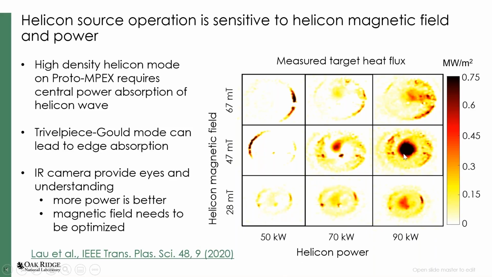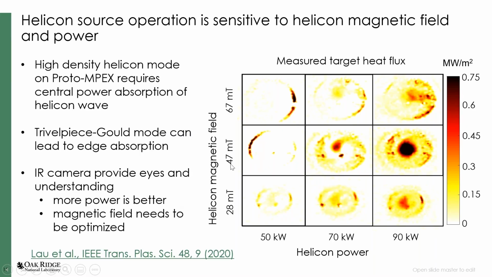From an ideal perspective, we would like to see a lot of heat flux, particularly at the center region. So this is best done here in the 90 kilowatts case for the power and the 47 millitesla case. However, at other powers and magnetic fields, you can get a lot of edge absorption, and we have identified that as what is known as TG or Trivelpiece-Gould modes in the literature.